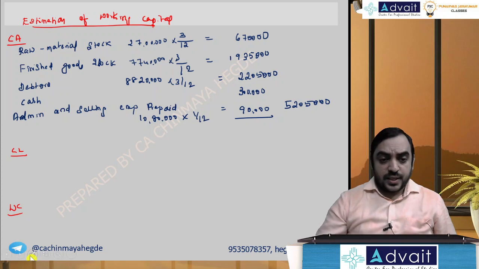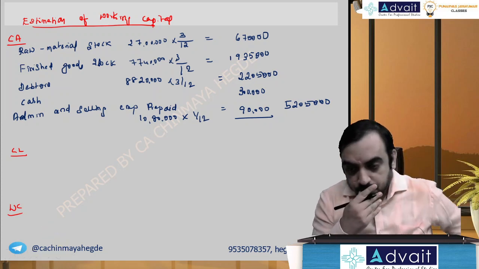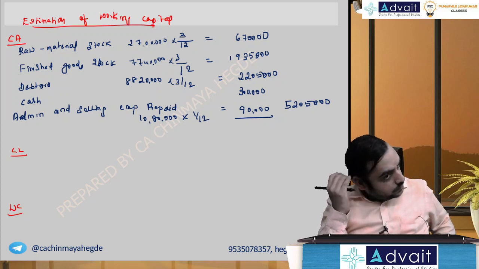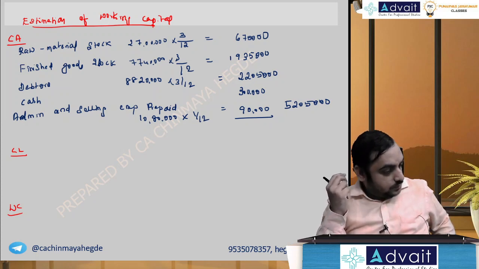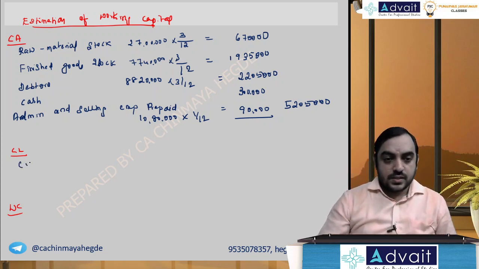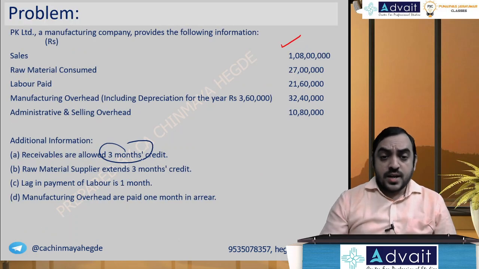Let's come to current liability. Creditor for raw material, raw material supplied on 3 months credit.